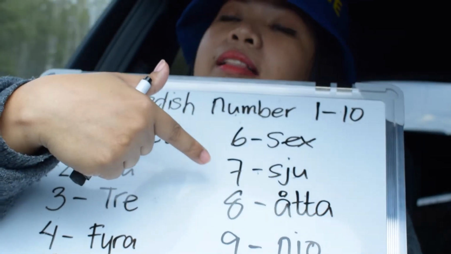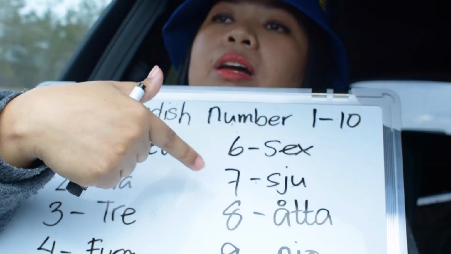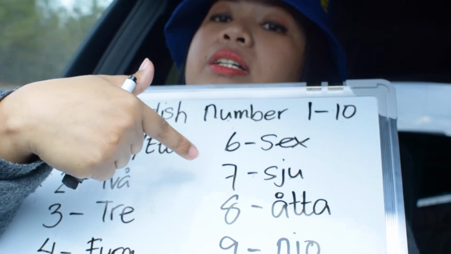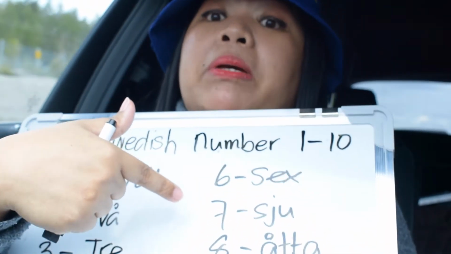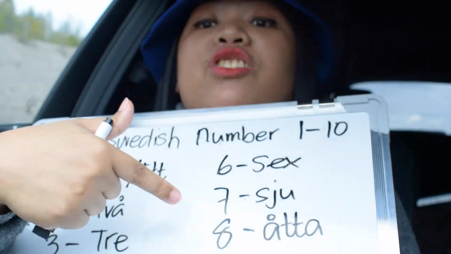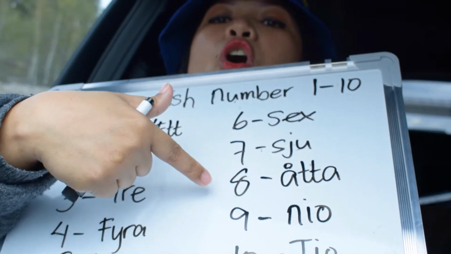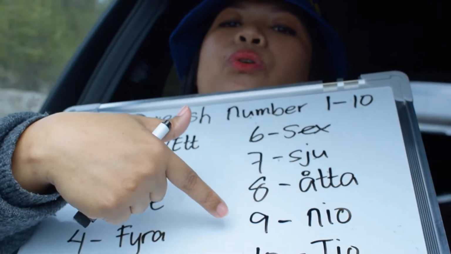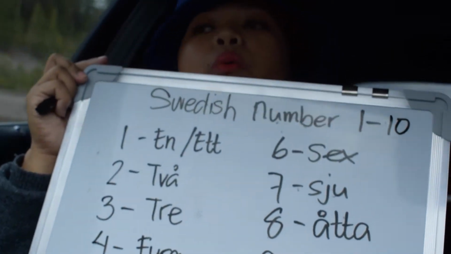Which I can never pronounce right, even if I live here 20, 30, 40 years, because I'm not Swedish, I'm Filipino. But I try. They understand me anyway. 8, 9, 10. That's the Swedish numbers 1 to 10.